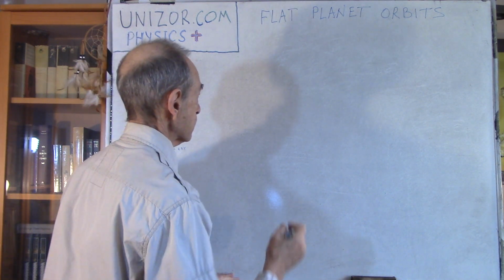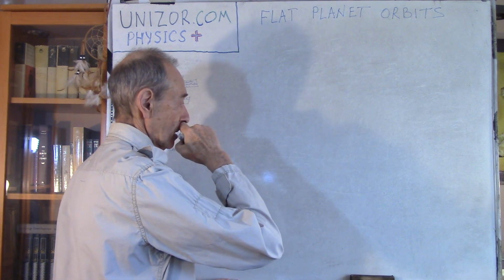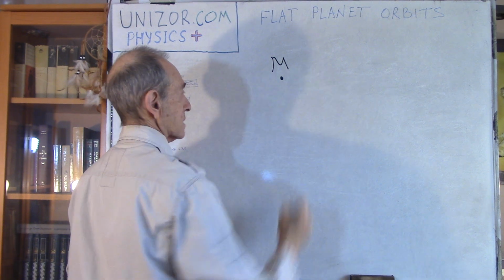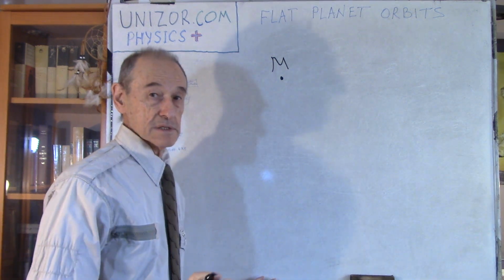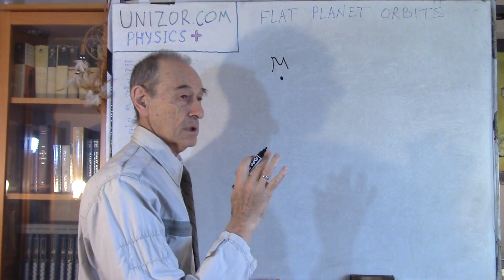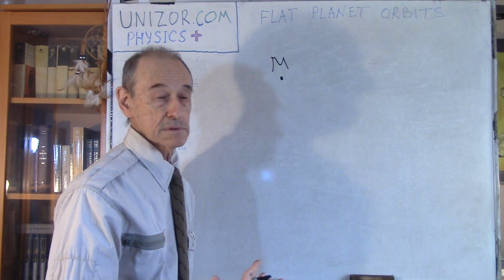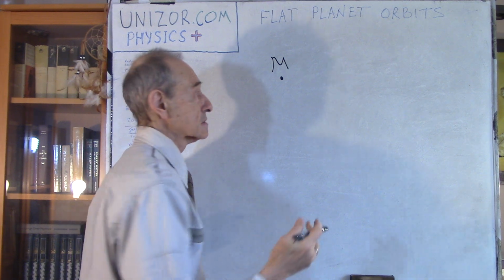Okay, let's just think about it. Let's consider you have a point where the mass is fixed, and we will actually take this point as the origin of coordinates, Cartesian coordinates in space.